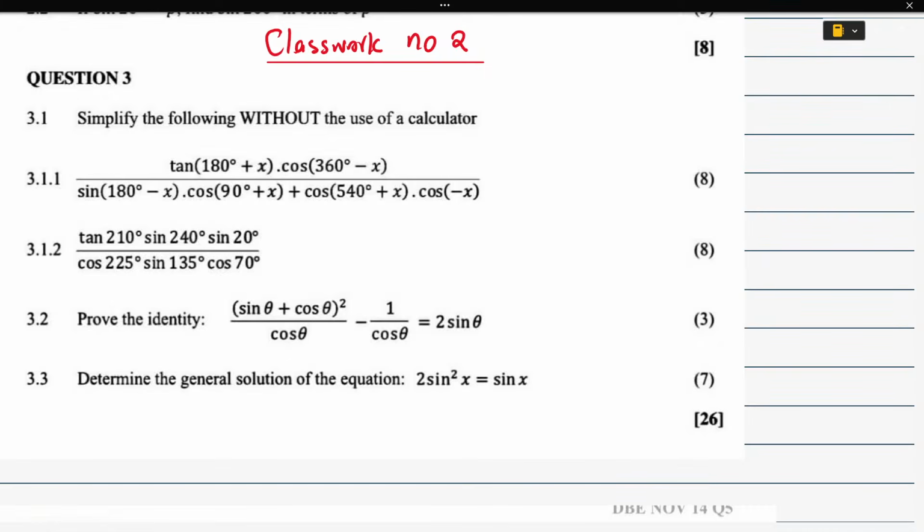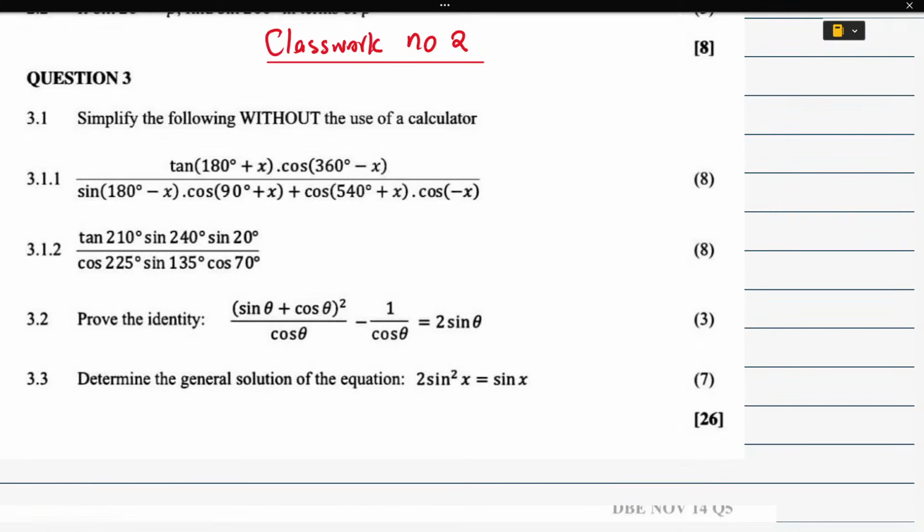Okay, those who are struggling with the last one, let me give you a tip. People are on 3.2, others are on 3.3. So for 3.3, don't forget, take sine to the left, then you take out a common factor.